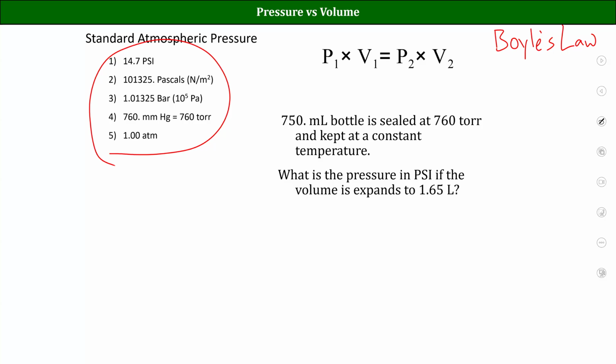The way we do this, anytime we're using these simple gas laws, they're always going to be about a change. It's always going to start the same way. You have a system of gas that's sealed, and here are your initial conditions. Then you change something. What happens? Our initial volume, V1, is 750 milliliters, which, since our next volume is in liters, we might as well put in liters.